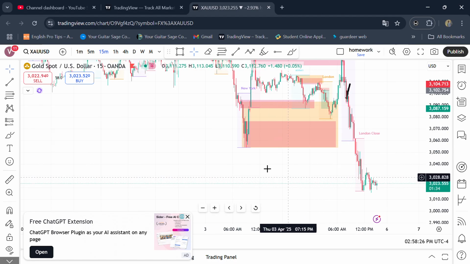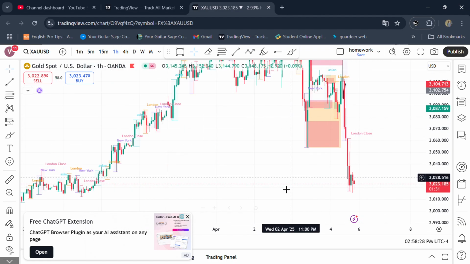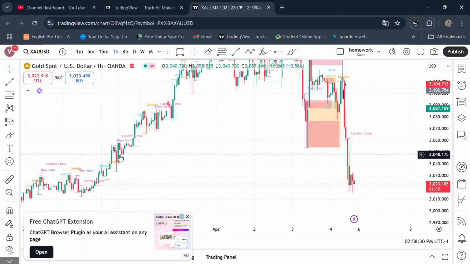So we kept marking these POIs on 1 hour. There was this 1 hour order block, then this liquidity, then this order block.